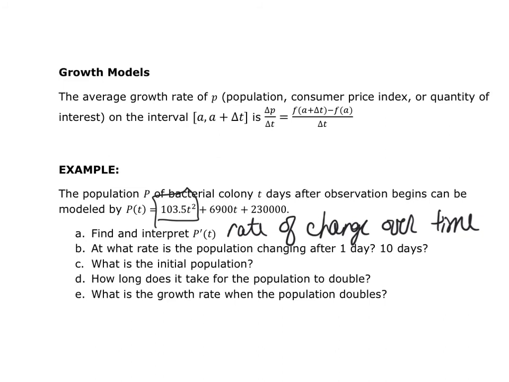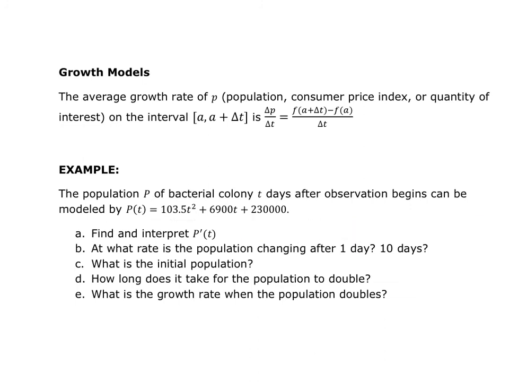What is the rate of the population changing after 1 day? What am I going to do with that information? Just plug it into the derivative. What is the initial population? That's the original function, but plugging in 0. So when you're ever asked for the initial, it's the constant.